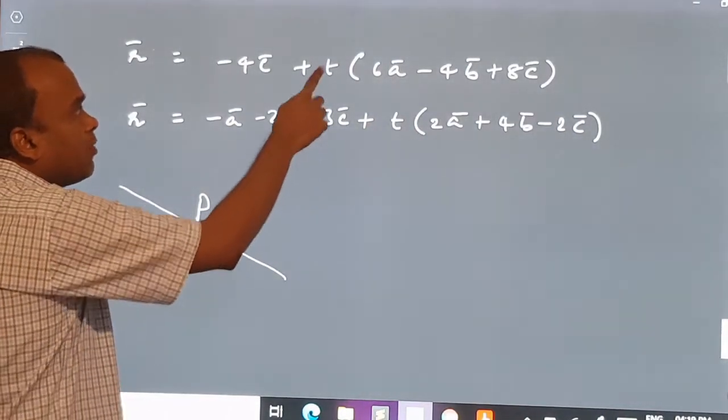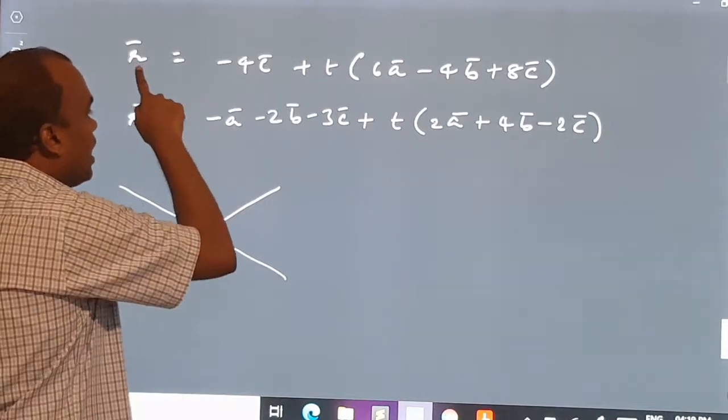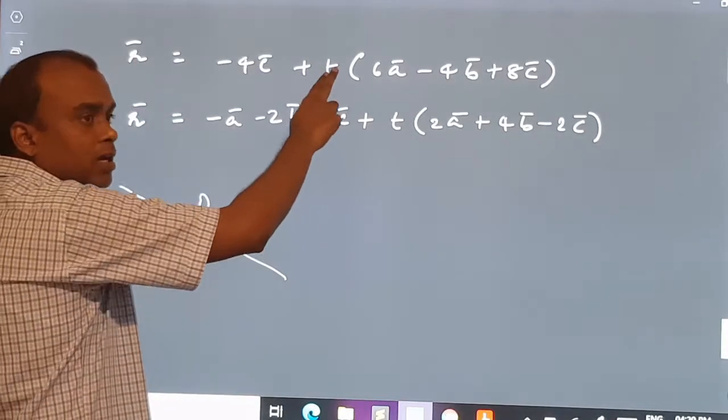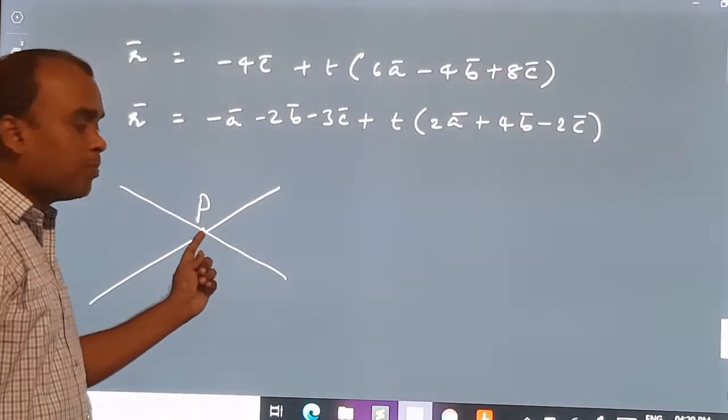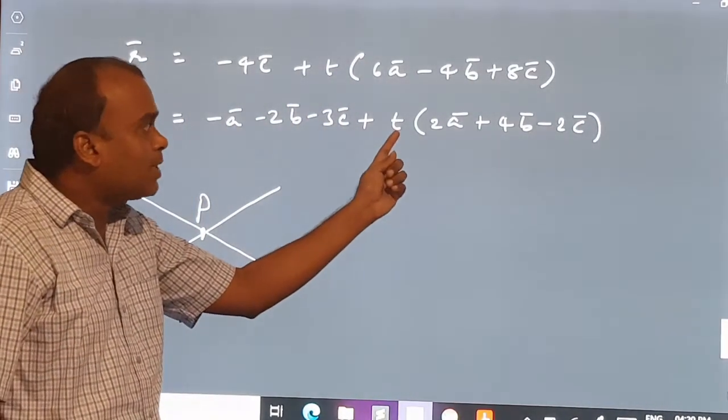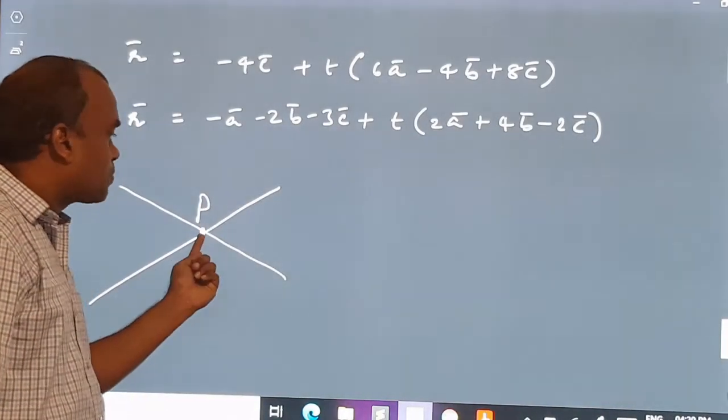So say here for alpha this r bar became p. But here for the same value, it need not become this point.